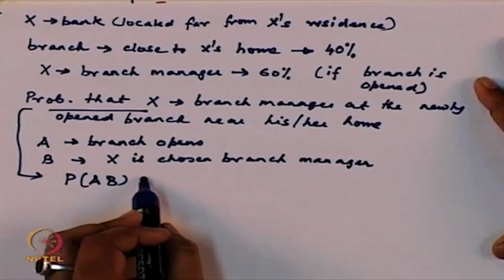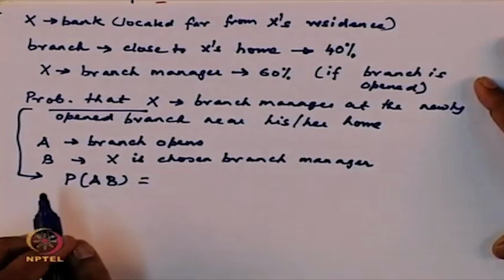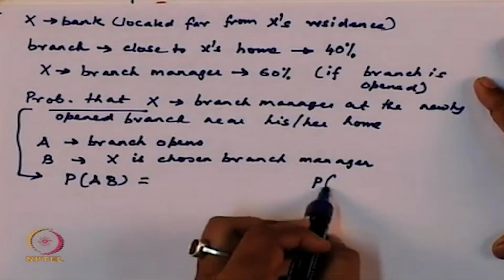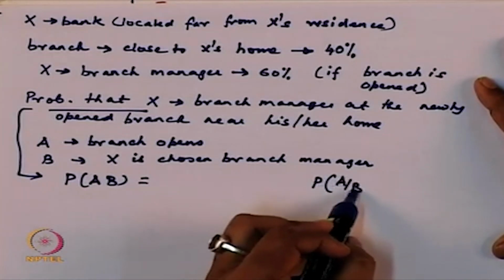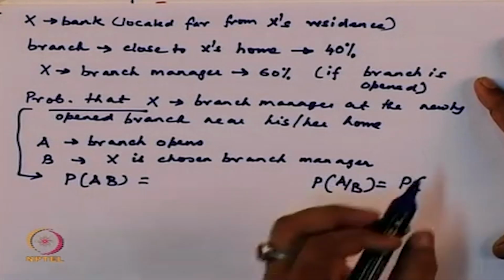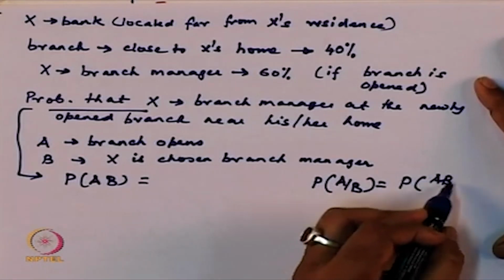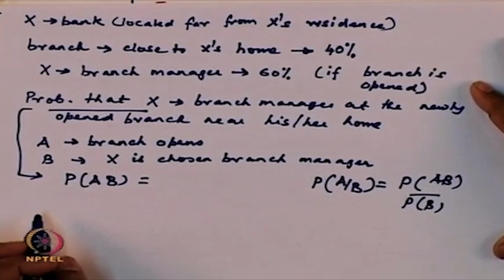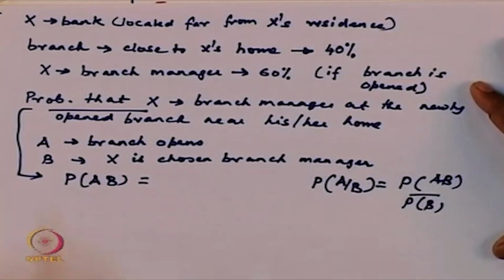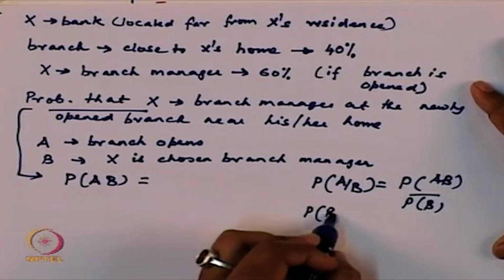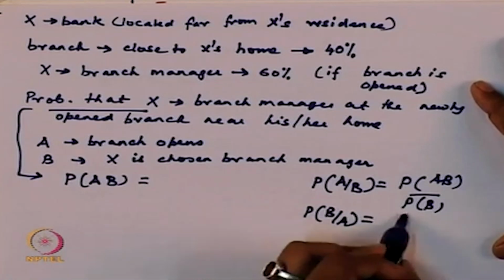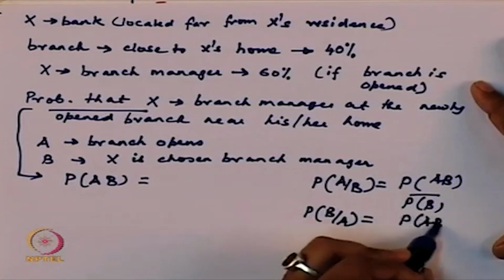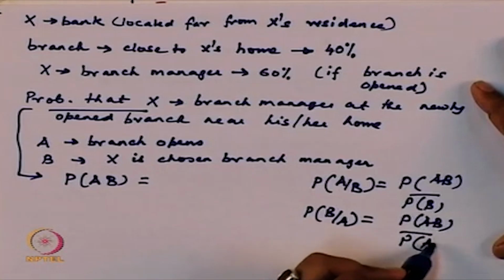So, how will I use conditional probability to solve this problem? I know probability of A given B is probability of AB by probability of B, or I can write probability of B given A is probability of AB by probability of A.